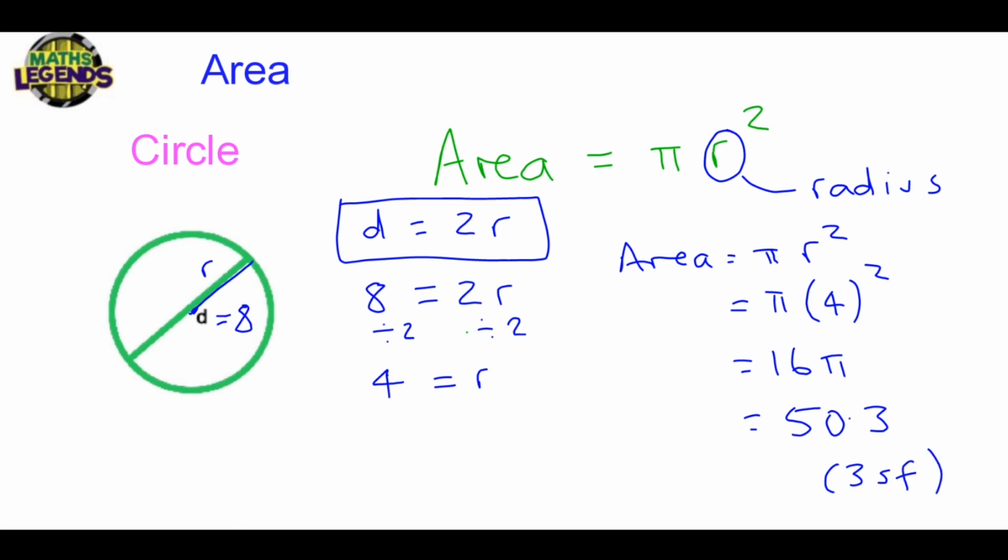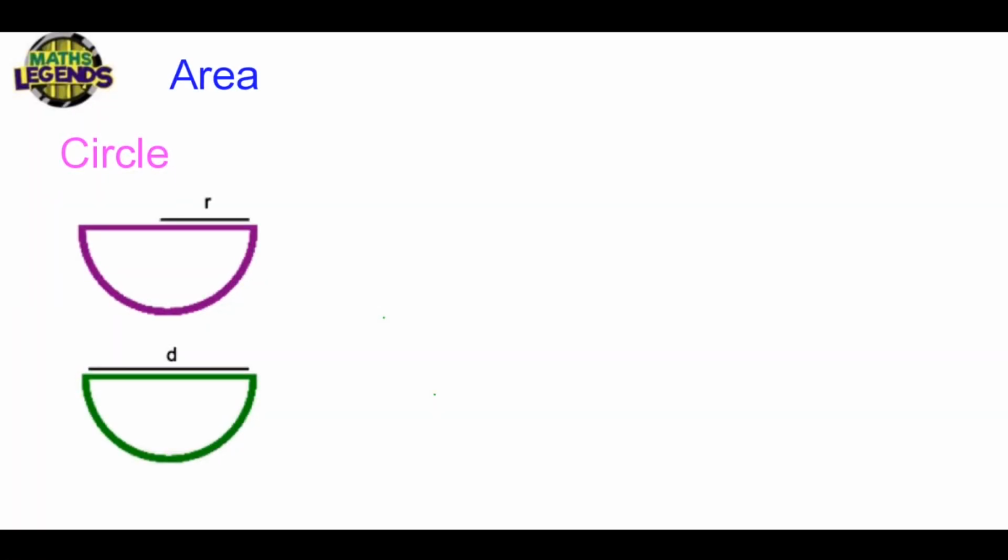Let's have a look at another example. Now here we have 2 semicircles, so they're half a circle. We calculate the area of these by calculating the whole circle and then halving it. So we use the same formula of a circle, but we're going to halve the answer. Let's say the radius in the first question is 3.